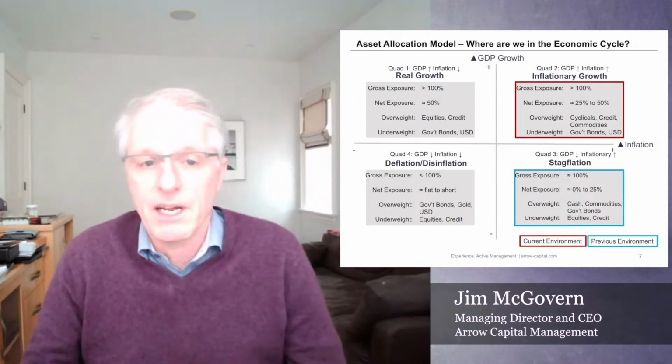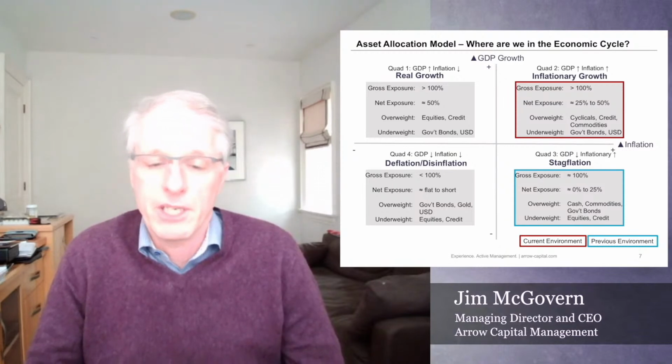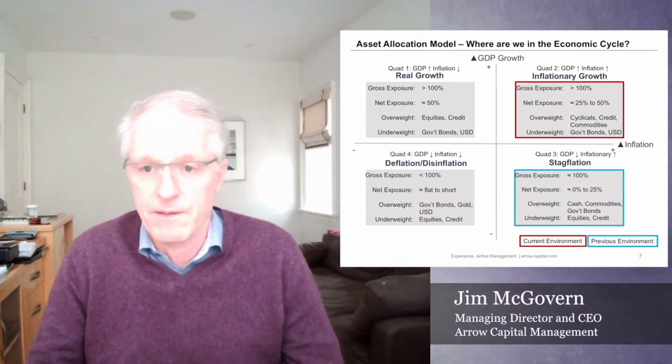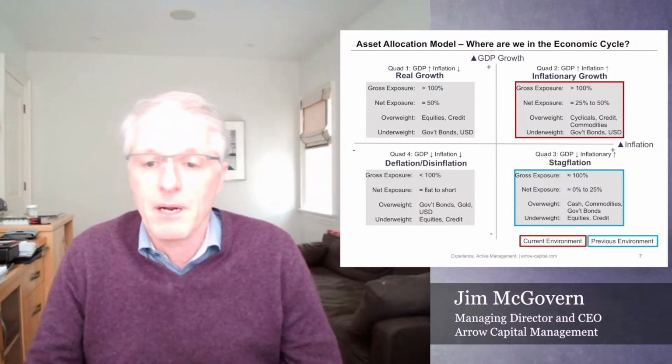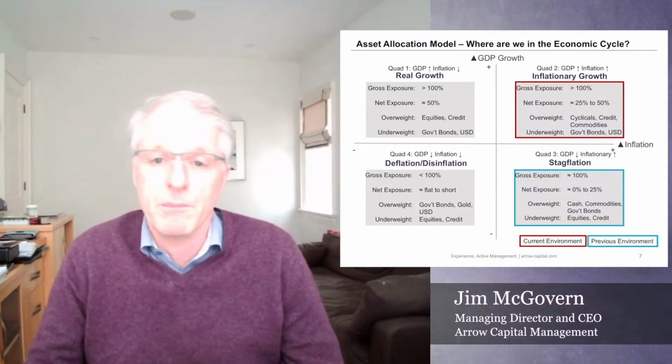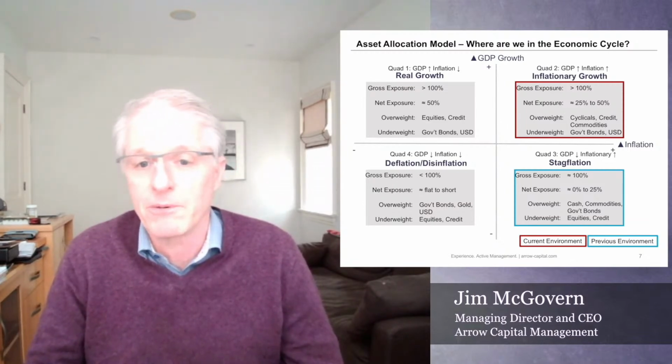So as I mentioned, these 4 possibilities for changes in GDP and changes in inflation produce 4 different types of economic scenarios. Most of the time, we're in a positive GDP growth period, and so either it's inflationary growth or real growth.